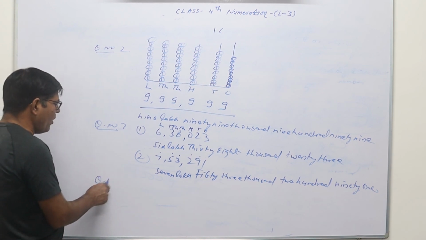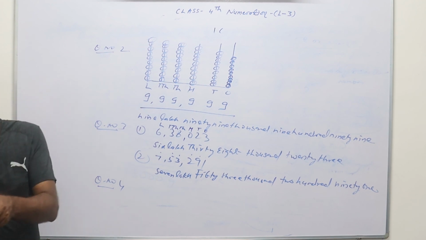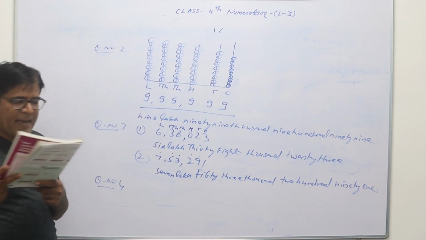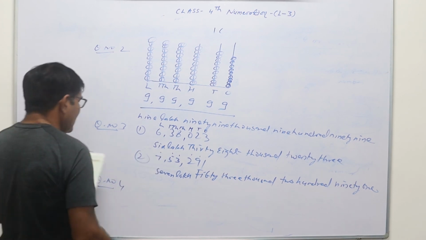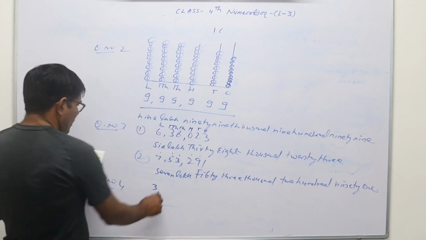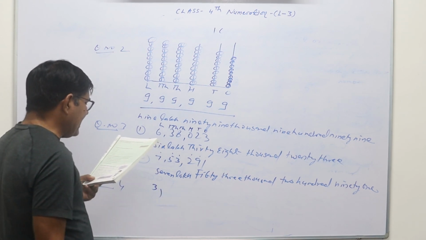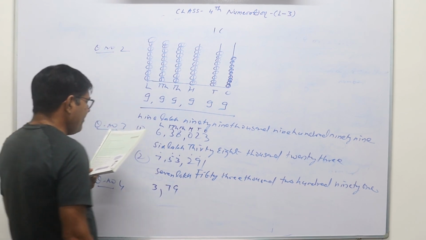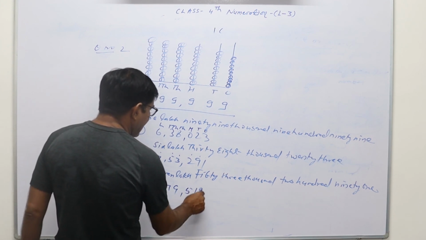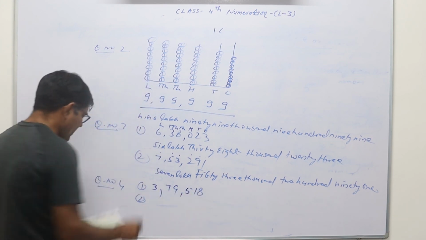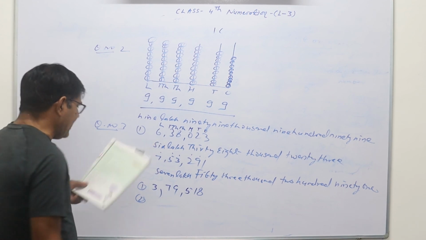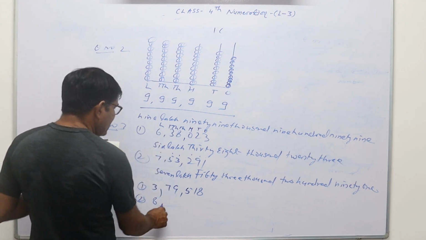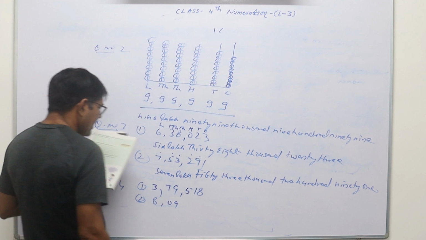Now question number 4. Write the following in figure by putting commas at proper places. The first number is 3 lakh 79,518. This was the first. Question number second, 8 lakh 9,009.